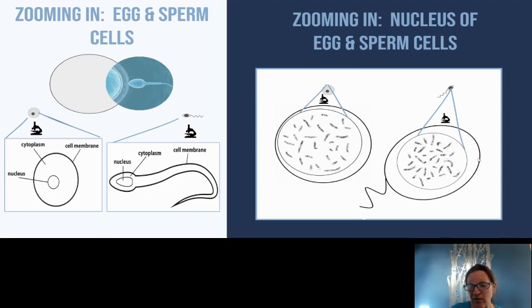This is important because we know that chromosomes come in pairs, but egg and sperm only have one of the two in a pair of chromosomes. So that when that egg is fertilized by the sperm, then we have a complete set of, in this case for cows, 30 pairs of chromosomes.